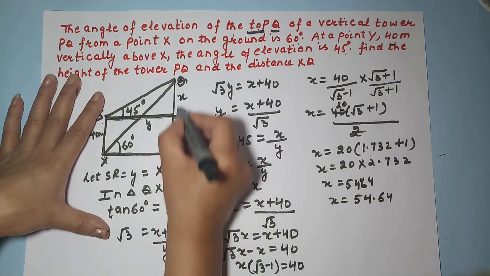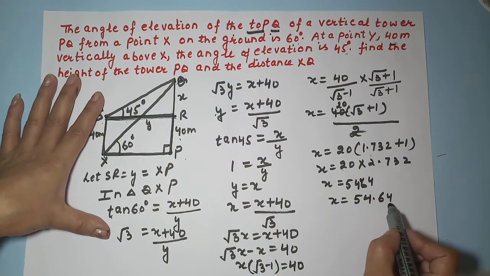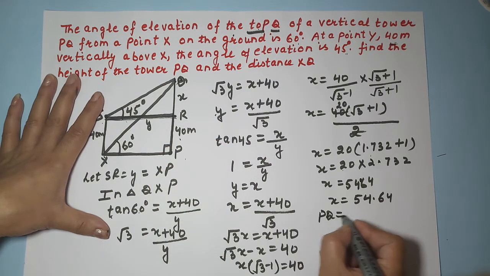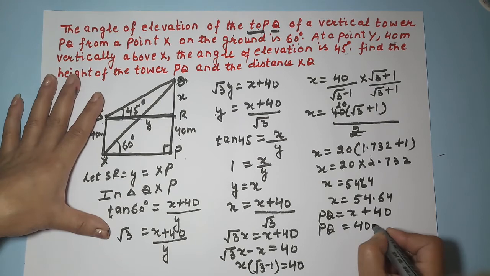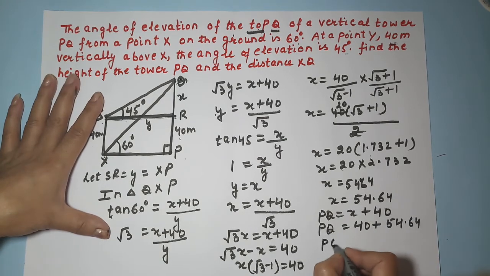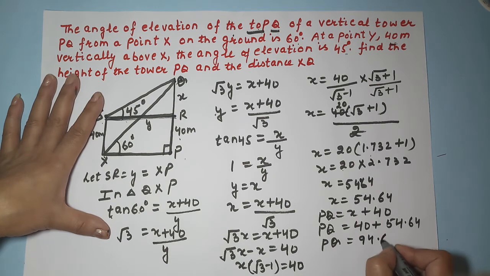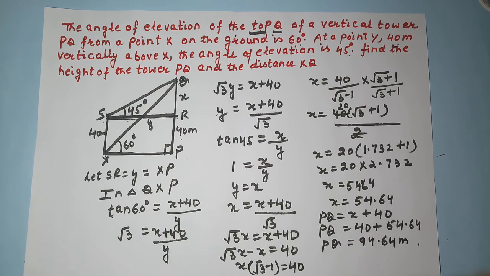For calculating PQ, I have to add 40 to distance X, because PQ is equal to X plus 40, right? So my PQ will be 40 plus 54.64, so my PQ will be 94.64 meters, right? Okay.